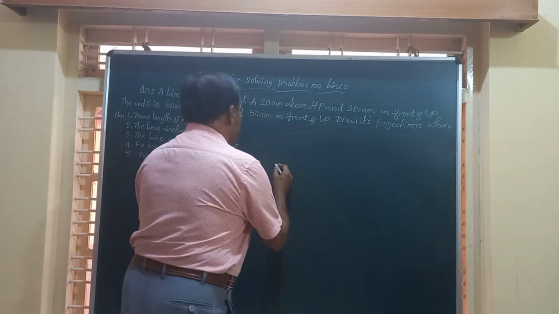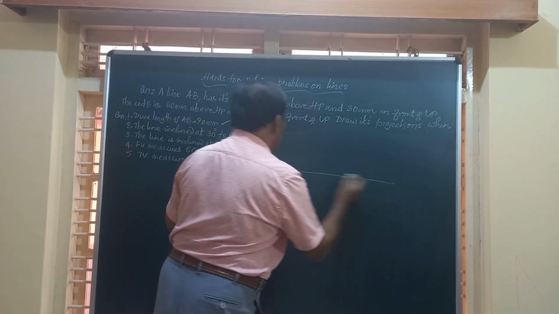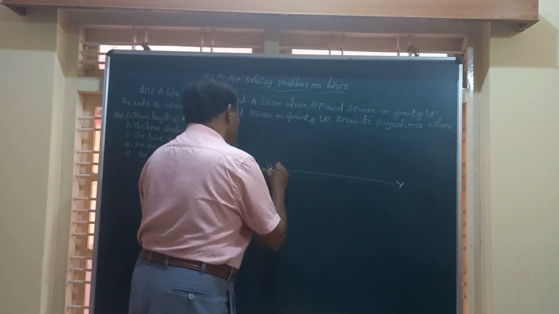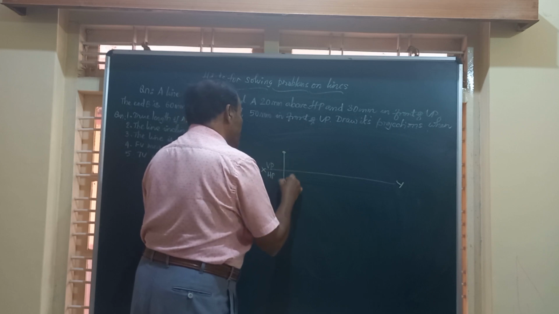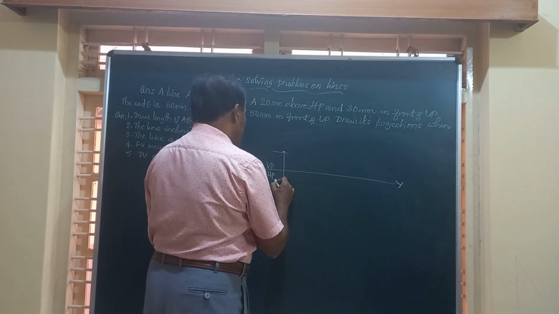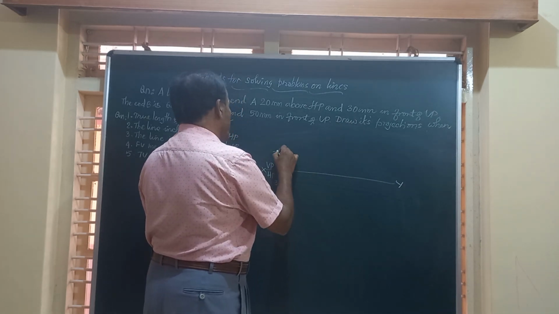So, the first data given is the locus of the ends A and B, XY, VP, HP. We will mark the end A, that is 20 above and 25 in front of, that is 20 and 25.